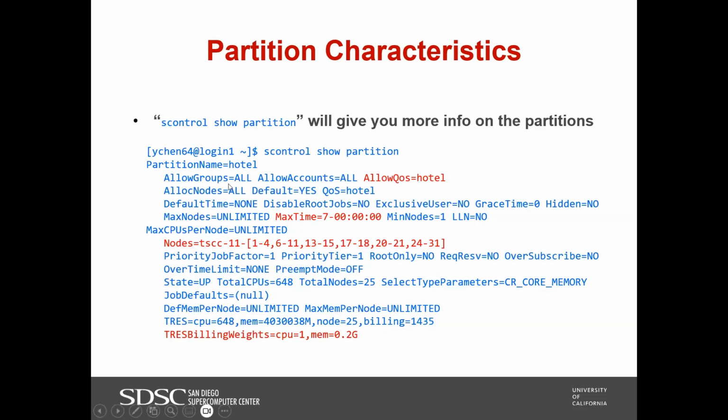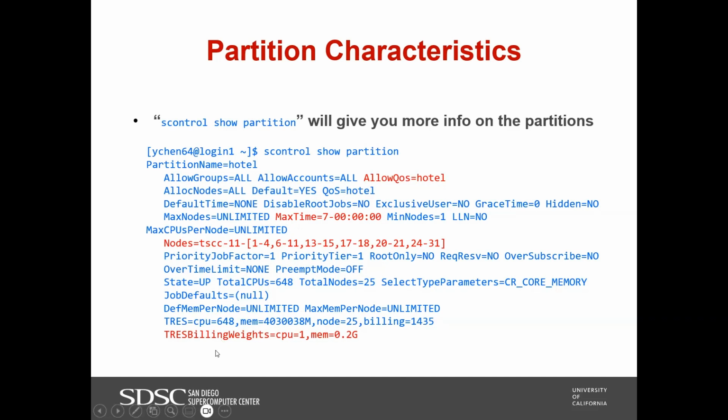Also, the hotel partition output includes the nodes currently in this partition, which begins with TSCC 11-1, -2, -3, -4 and so on. And on the last line of this output, you will find the billing weights.